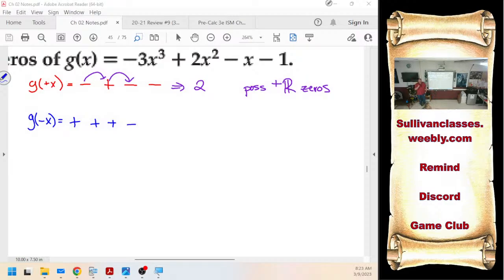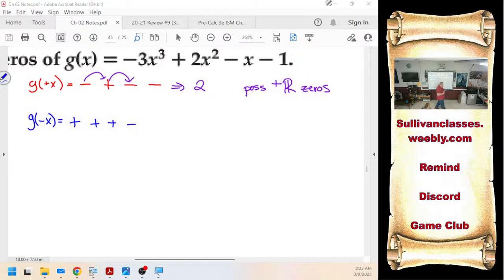Which ones change signs? But which ones specifically? x to the third and x to the first. Odds, right? If I got an even number of negatives, it's always positive.